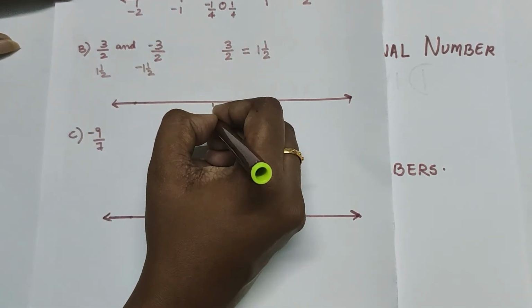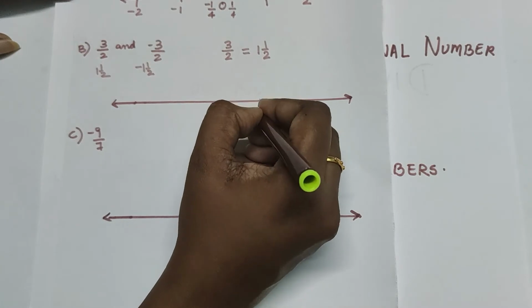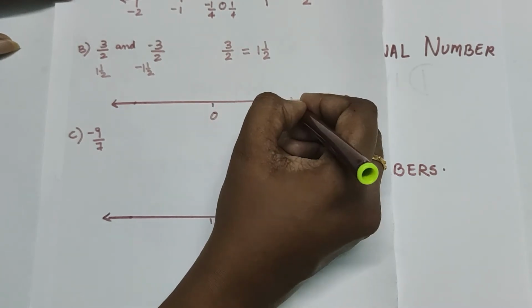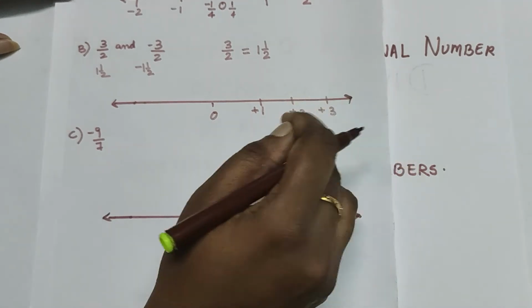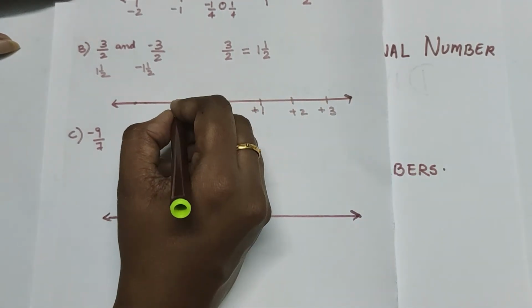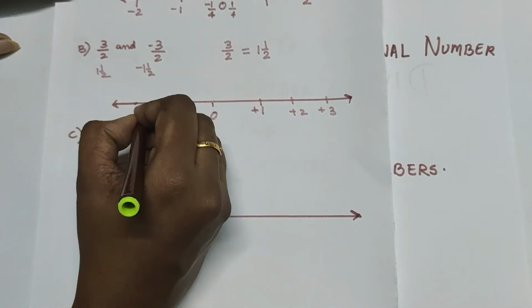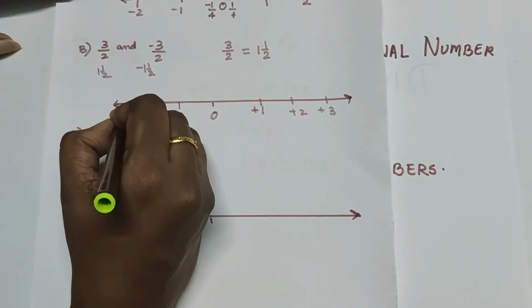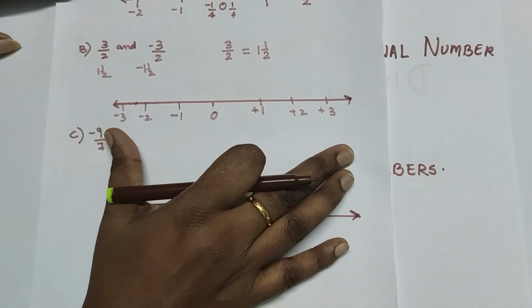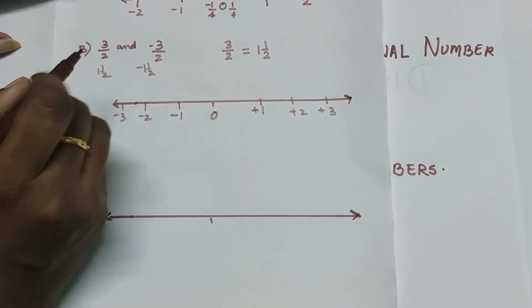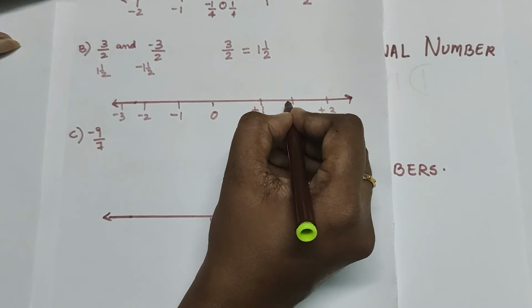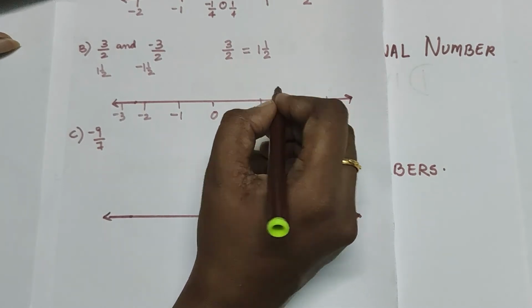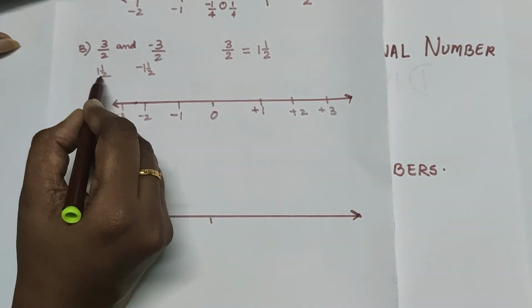So again I'll make 0 in the center, and +1 this side. You need not write plus, you can write only the numbers, but for negative you have to mention it. Divide it equally with a scale, it will look more uniform. So 1 1/2 will obviously lie on the positive side between 1 and 2, and the fraction part is 1/2.